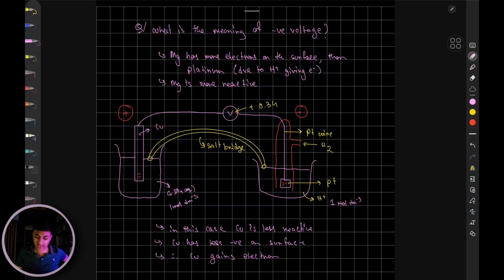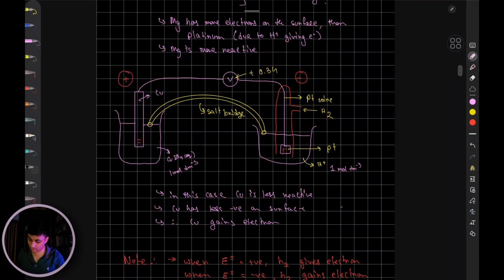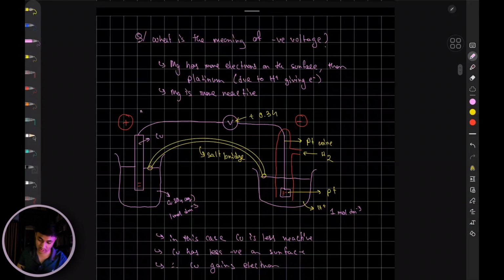But copper actually has a more positive electrode potential, let's say positive 2 volts. This is going to have a positive 2 volt electrode potential compared to the hydrogen half cell, which is 0. Which is why in this case you see less amount of charge on the copper electrode. And in case of this platinum surface, you see a greater accumulation of negative charge.